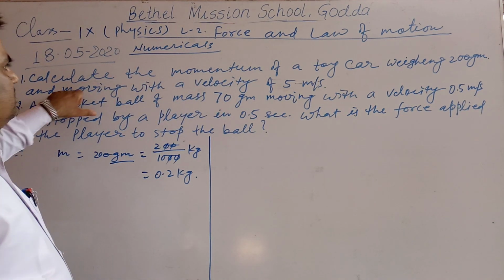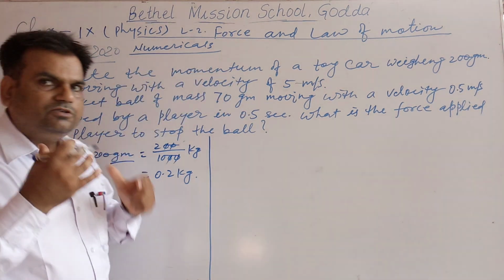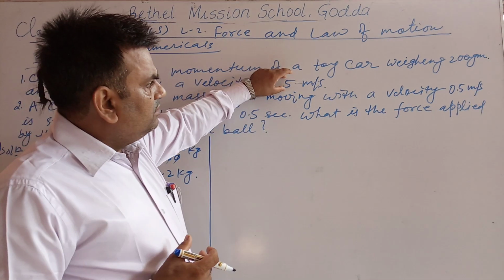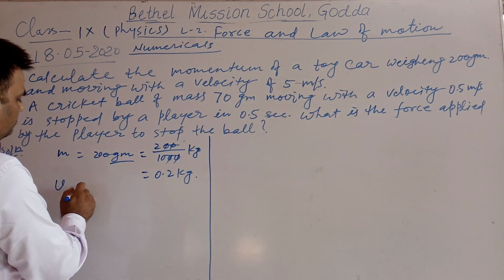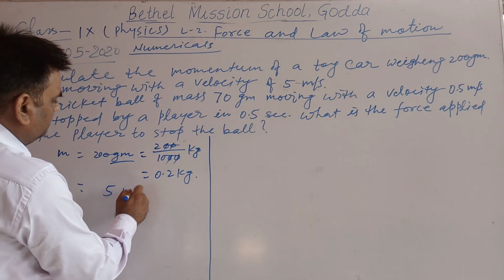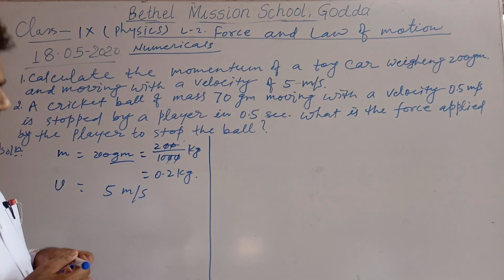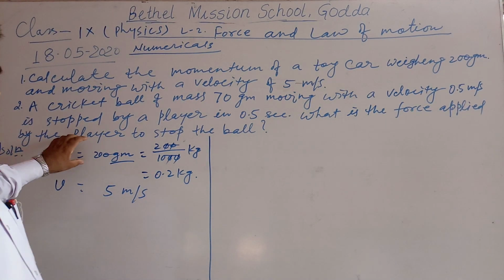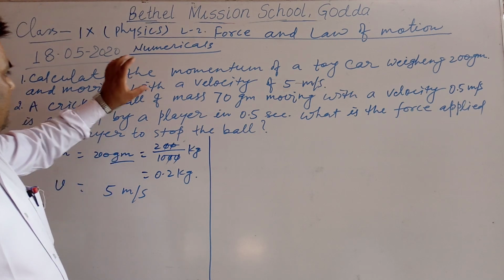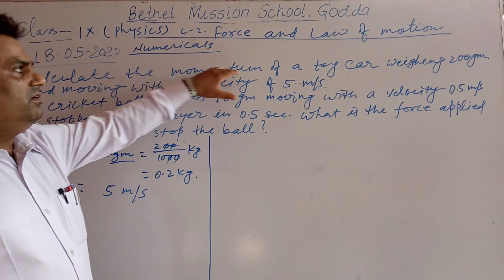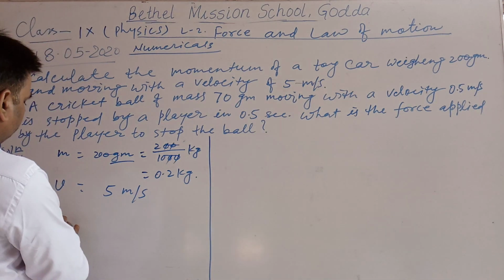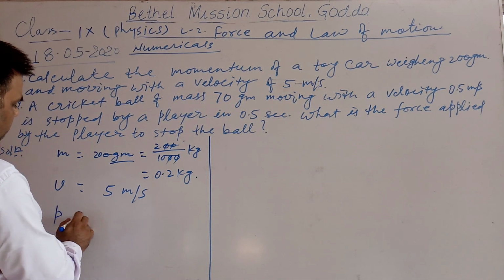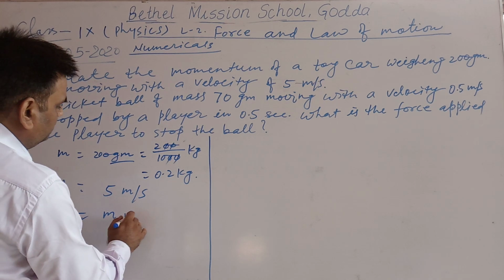The second information in this question is that the toy car is moving at 5 meter per second. So here velocity equals 5 meter per second. We have two physical quantities, mass and velocity, and we have to find the momentum. Momentum is denoted by P, and the formula is P equal to m into v.